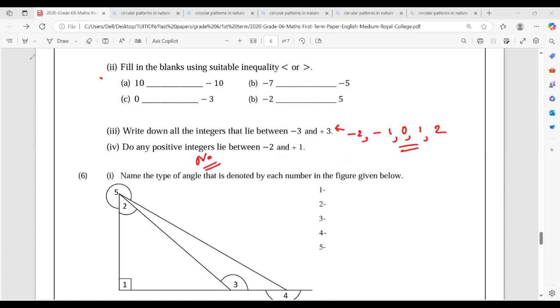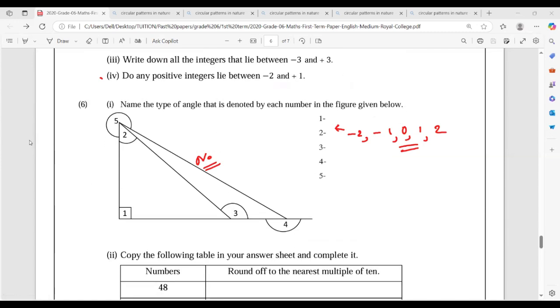Name the type of angle that is denoted by each number in the figure given below. So if it is 1, 1 is a right angle, right?